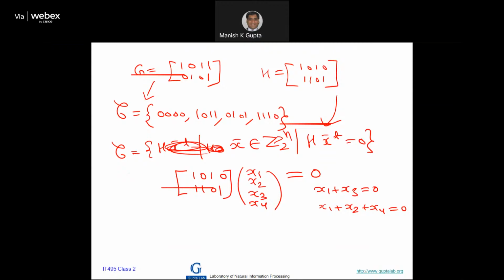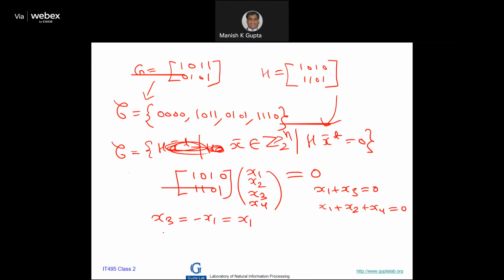That means 2 bits, like we can assume first bit x1 and the second bit x2 are in our hand, right? So there are 4 possibilities. So that I can find out what will be x3 and x4. So certainly x3 is minus x1, which is the same thing as x1, right?